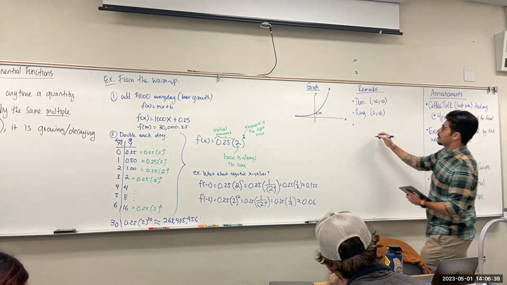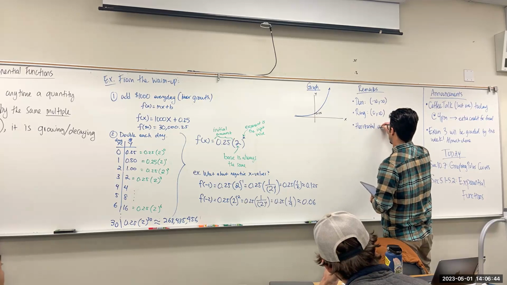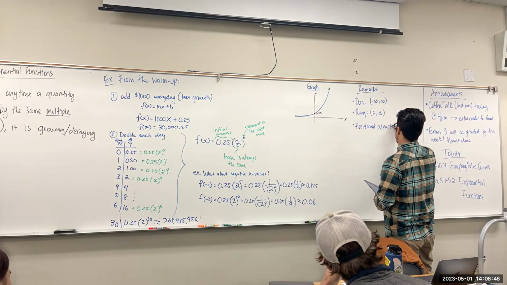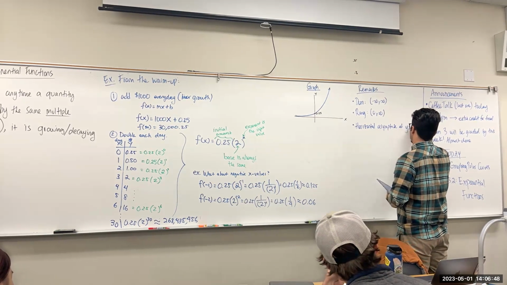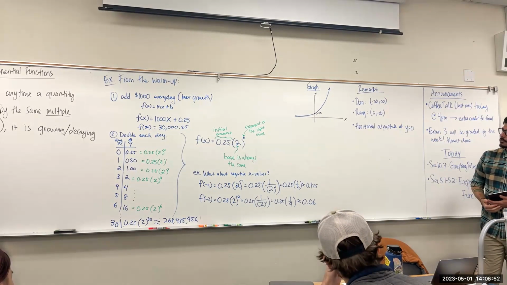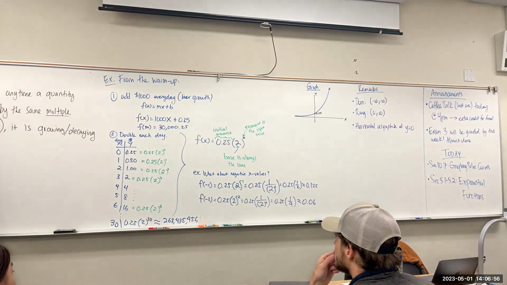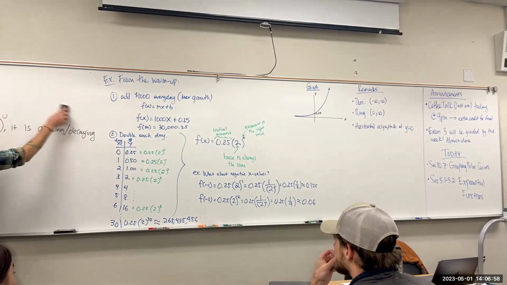And then we saw that there's a horizontal asymptote at y equals 0. Just writing down everything we said, so that's there in your notes.